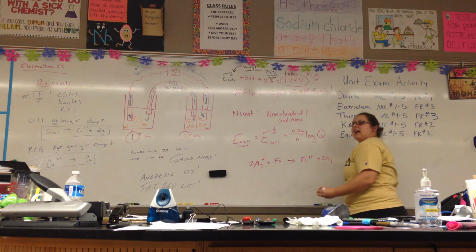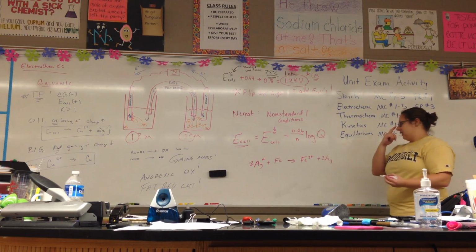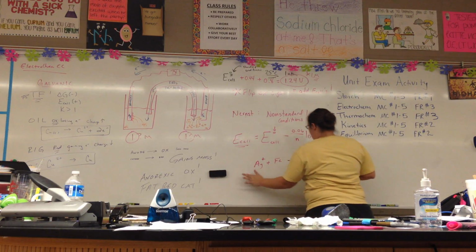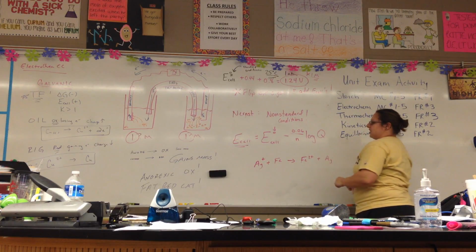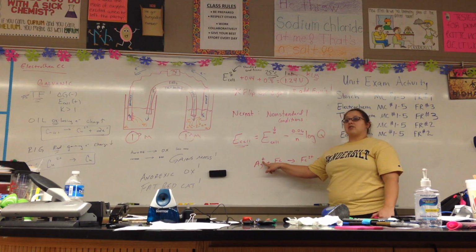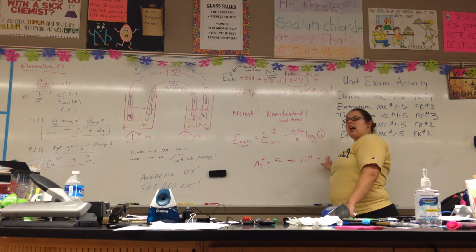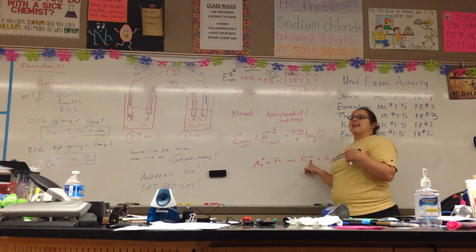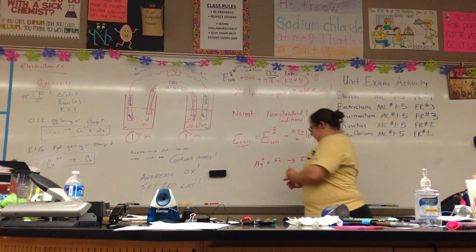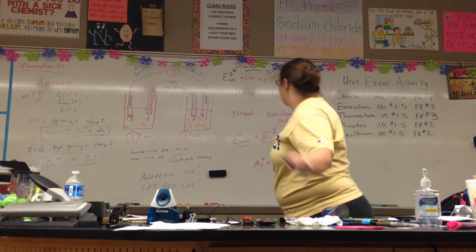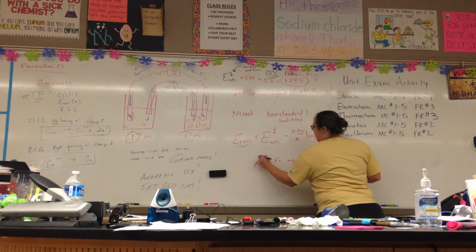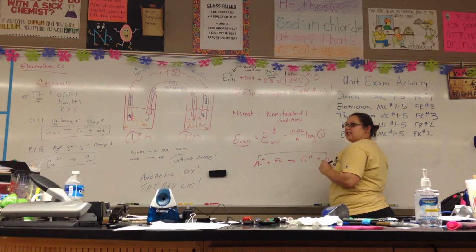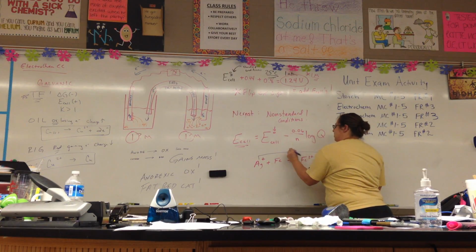Y'all remember how to write these reactions? Let me go over that. When I write these reactions, I have to show that whoever's reduced is going down in charge, and whoever's oxidized is going up in charge. Then I draw my electron bridge. So Ag plus going to Ag, how many electrons are transferred? 1 electron.